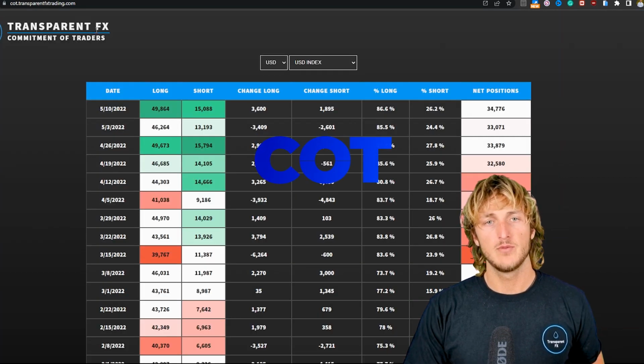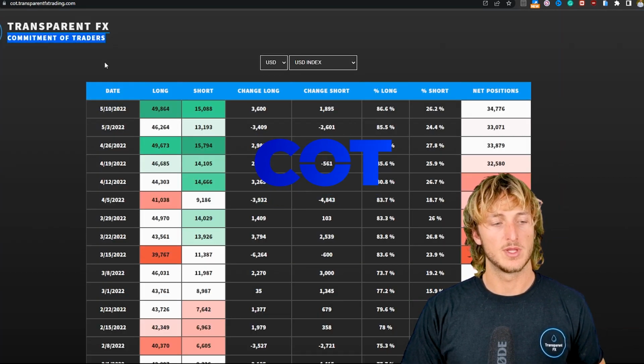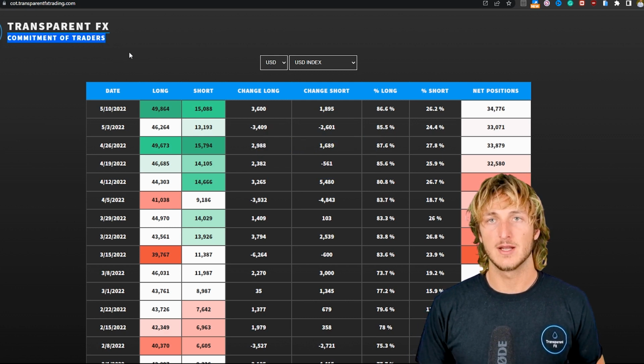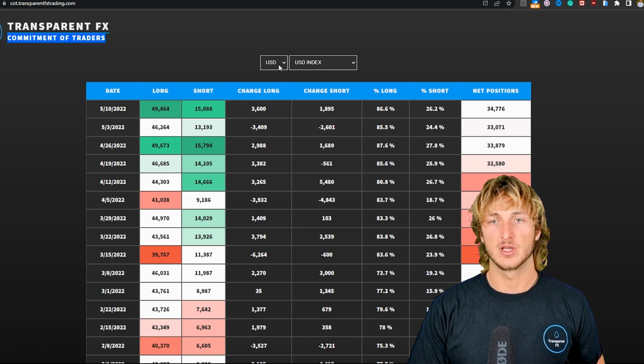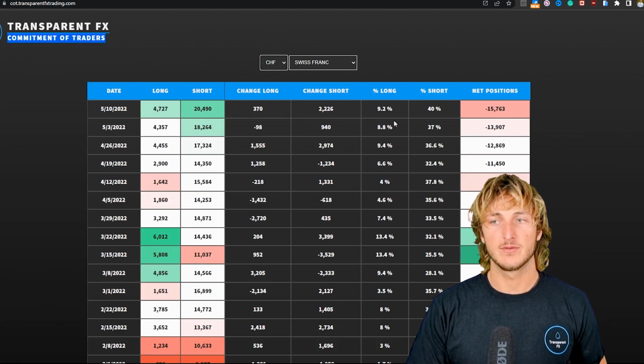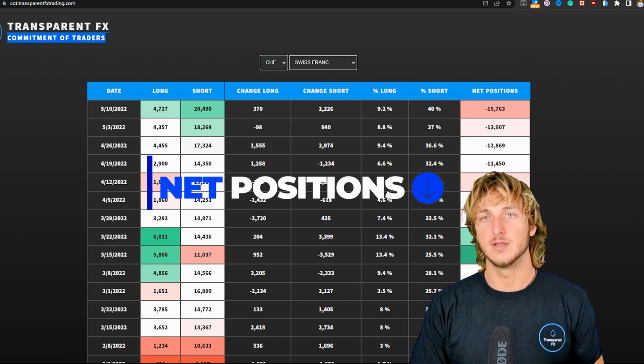Now, if we go and see what we have when it comes to the commitment of traders, so the COT data, which is what the non-commercials, so the biggest speculators in the market are doing, and we check the data for the CHF, we can see how lately net positions have been decreased.